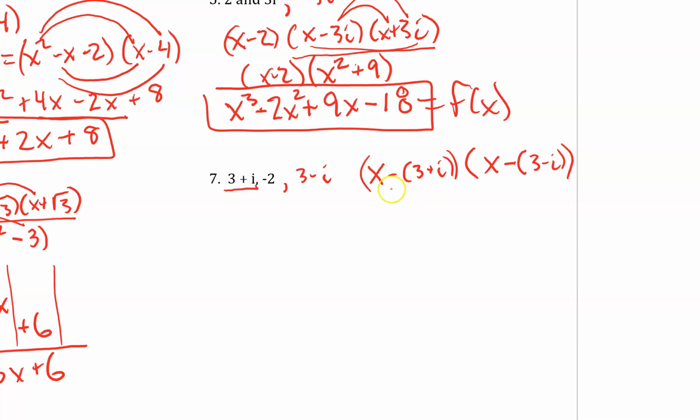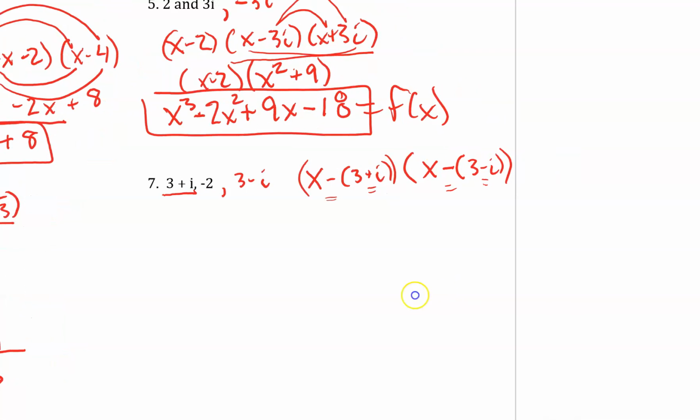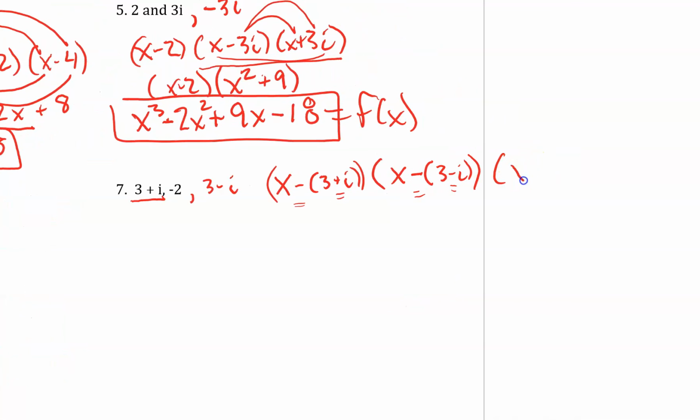Both times I'm subtracting, but what I'm subtracting has either 3 plus i or 3 minus i. So first I'll multiply these together, and then I also recognize my third root of negative 2 gives me a factor of x plus 2.